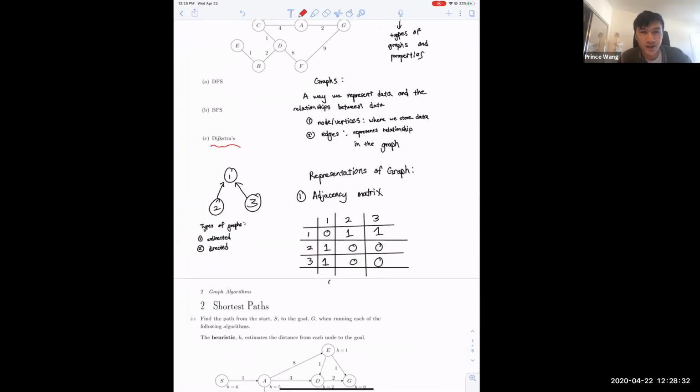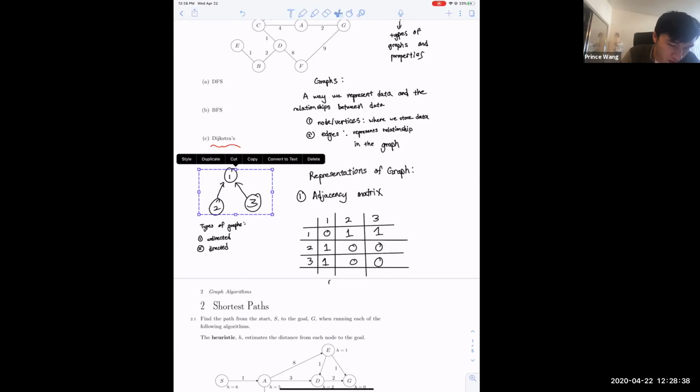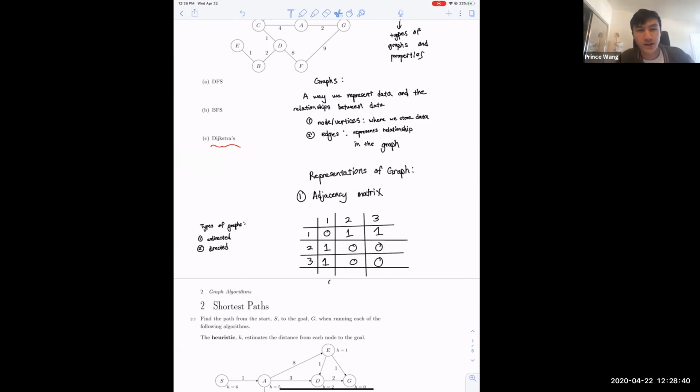So why might a directed graph be useful other than roads and locations? Imagine you want to construct a social network that represents how people know each other.